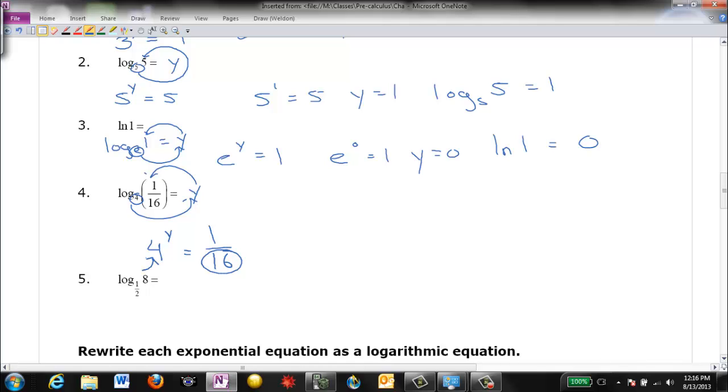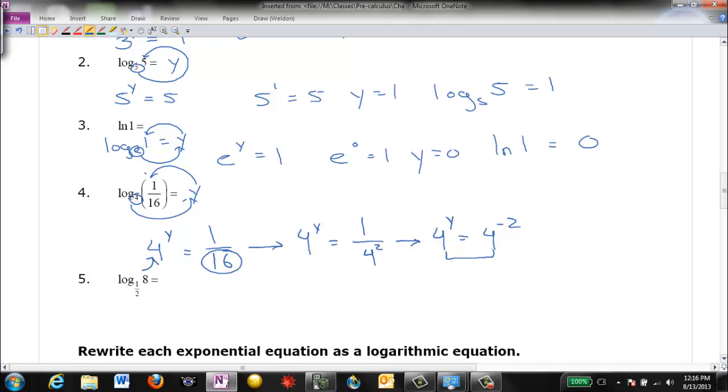Okay, so I'm going to draw an arrow and say, well, 4 to the y is equal, and 1/16 is the same thing as 1/4 squared. Okay. And I might remember back from Algebra 2 that 1/4 squared is the same thing as 4 raised to the negative 2 power, right? So I can rewrite this as 4 to the y equals 4 to the negative 2 power.